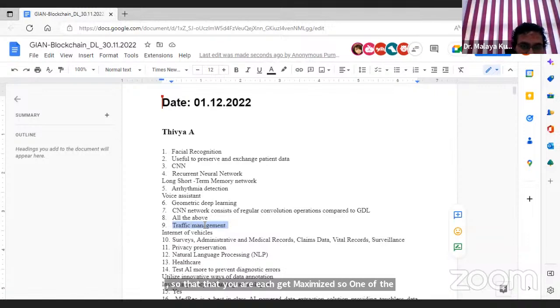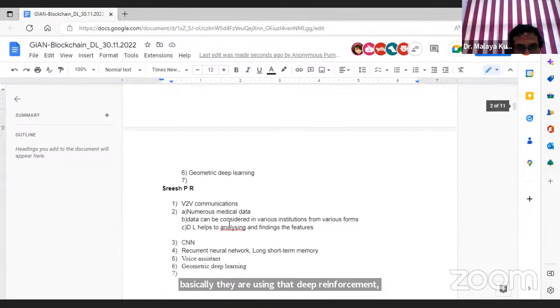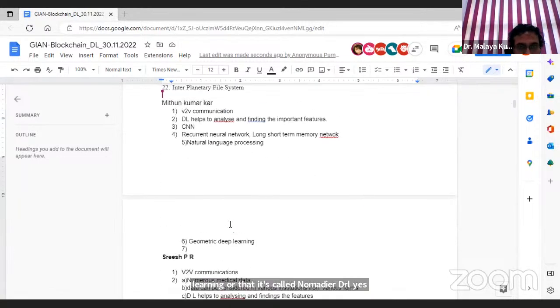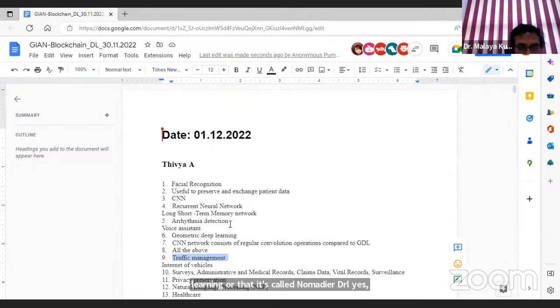One of the best examples is traffic management, because automatic driving cars look into the environment, and based on the situation, take an action so that the reward is maximized. So traffic management, V2V communication, Internet of Vehicles, basically these are using deep reinforcement learning, known as DRL. Yes. Okay. Next, we'll come to question number 10.